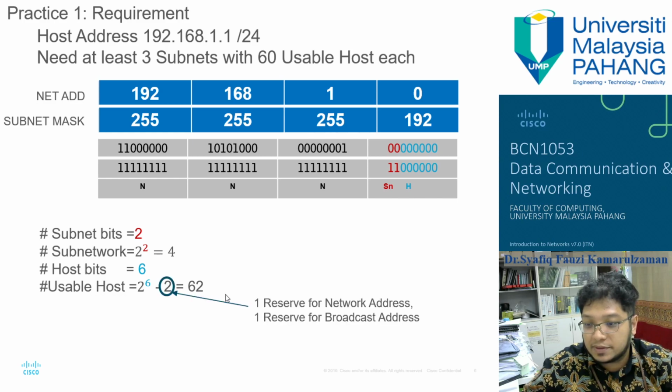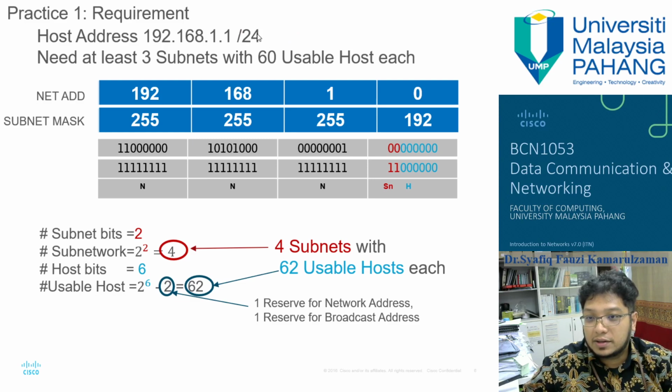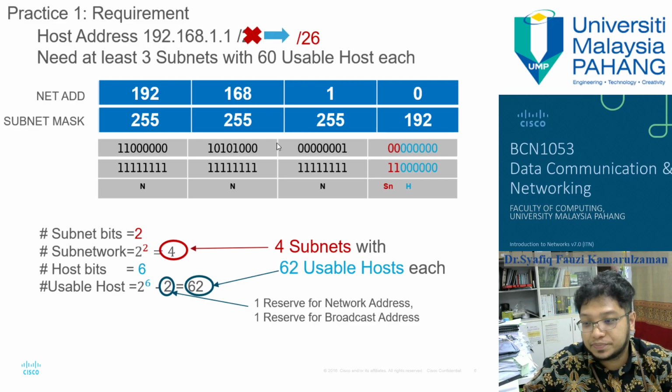These two represent one reserved for the network address and one reserved for the broadcast address for all these subnets. So you can summarize your subnetted network as 4 subnets with 62 usable hosts each. Now instead of /24, your network will be defined as /26.